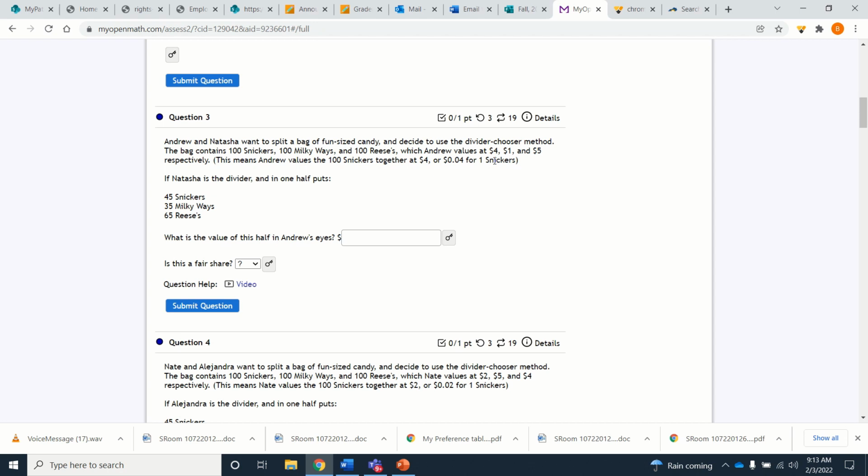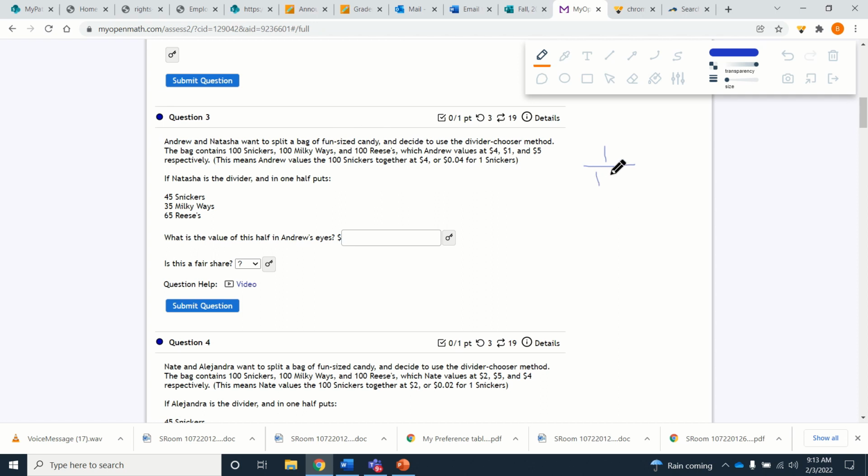Okay, so let's notice that we've already got that Andrew values the Snickers at 4 cents each. Let's get the same thing for the Milky Ways and the Reese's. Just as we did with the other one, Andrew values the Milky Ways at $1. So we put that into our calculator, that's 1 cent for the Milky Ways.